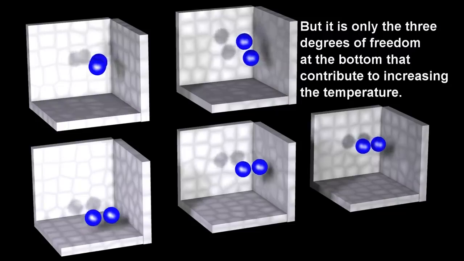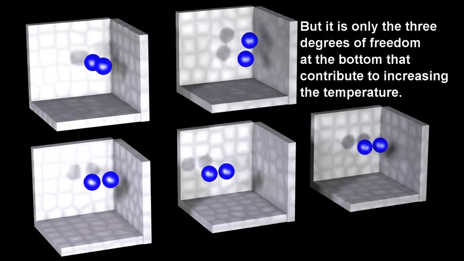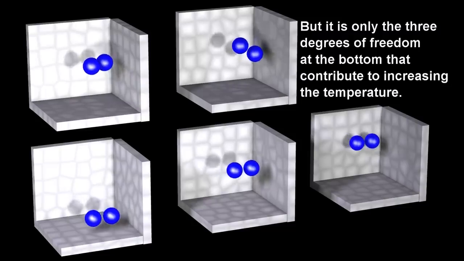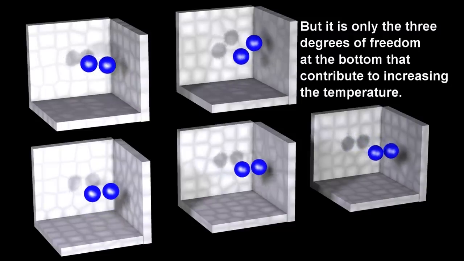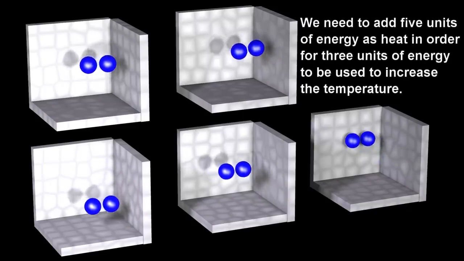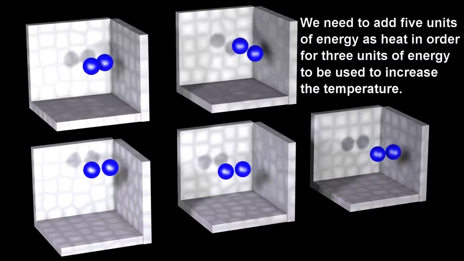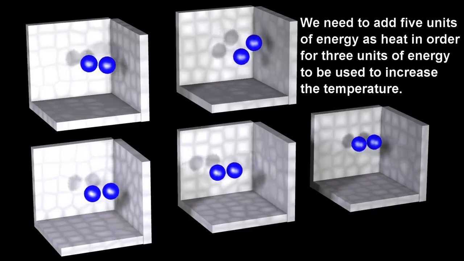But it's only the 3 degrees of freedom at the bottom that contribute to increasing the temperature. We need to add 5 units of energy as heat in order for 3 units of energy to be used to increase the temperature.